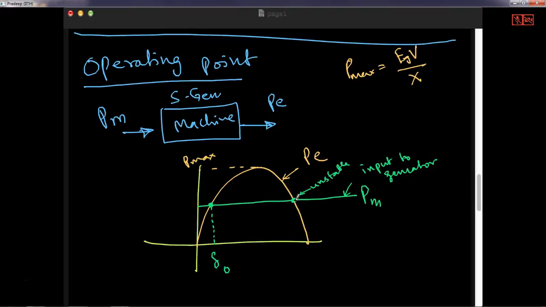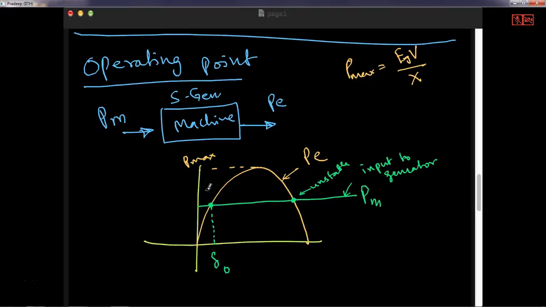If there is any slight increase in the electrical power, the mechanical power is still less, so it will keep on decelerating and will not come back to normal. But here, whenever there is a slight increase in the electrical power, delta will increase and then there will be a compensation, and it will be under stability. So this point is stable, this point is unstable.